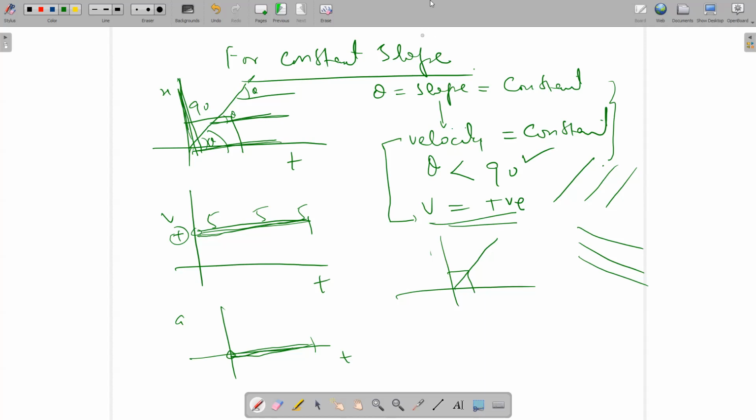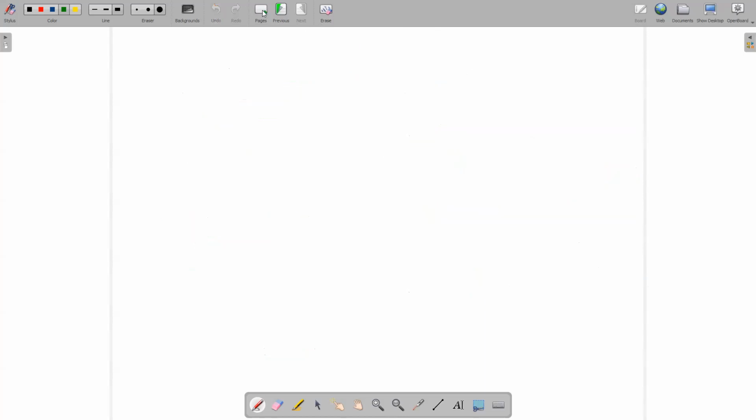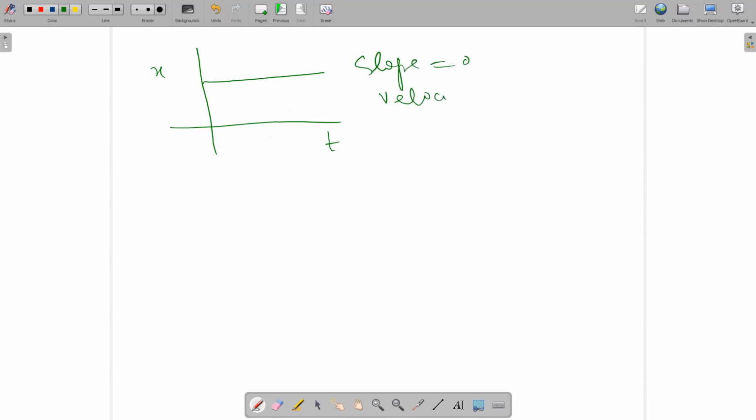After this, I think you understand this one. If our displacement time graph is a straight line like this, it is constant. Now the displacement is constant. What is the slope here? Slope is 0. If the slope is 0, the velocity will be what? Slope is velocity, so velocity will be 0.